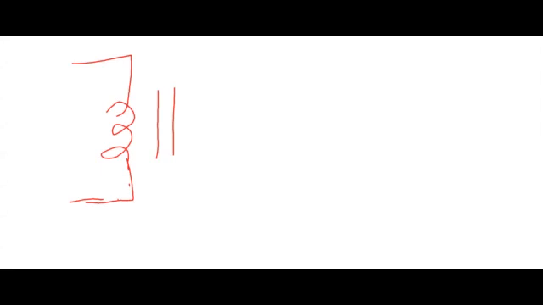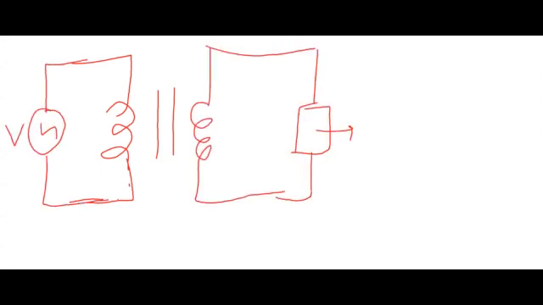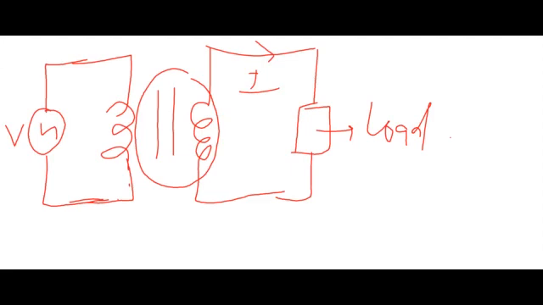The primary is connected to the mains, or we can say to the supply voltage, and the secondary is connected to the load. In between the two coils, there's a common magnetic circuit, which helps to strengthen the magnetic field. The magnetic field induces an EMF and hence a current in the secondary coil, without any change in the frequency.